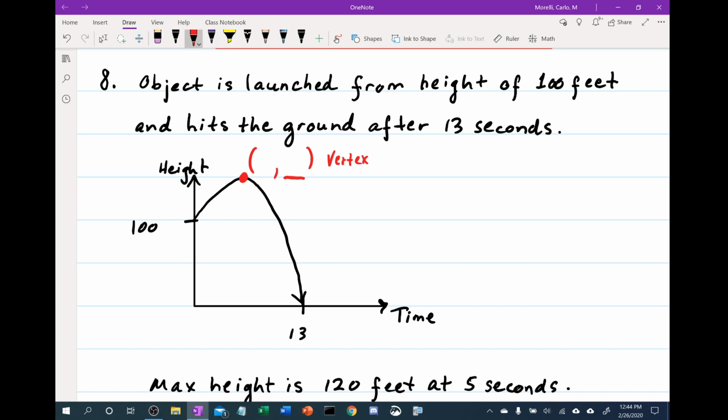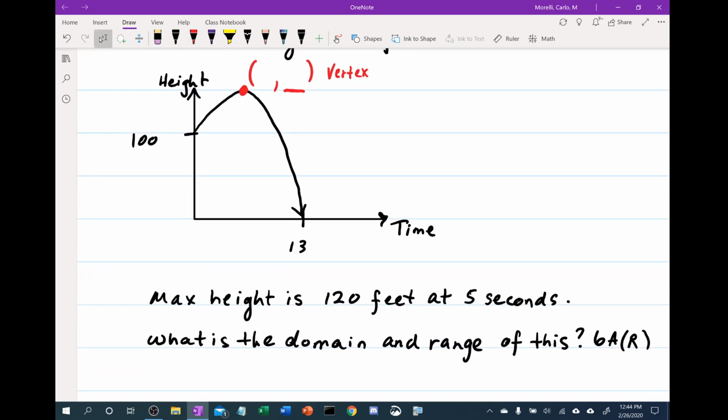It's also the vertex. Let's see. We go down and read a little bit more. It says the maximum height is 120 feet at 5 seconds. That means that right here, this thing has been traveling for 5 seconds and it's reached a maximum height of 120 feet. This is the highest point.